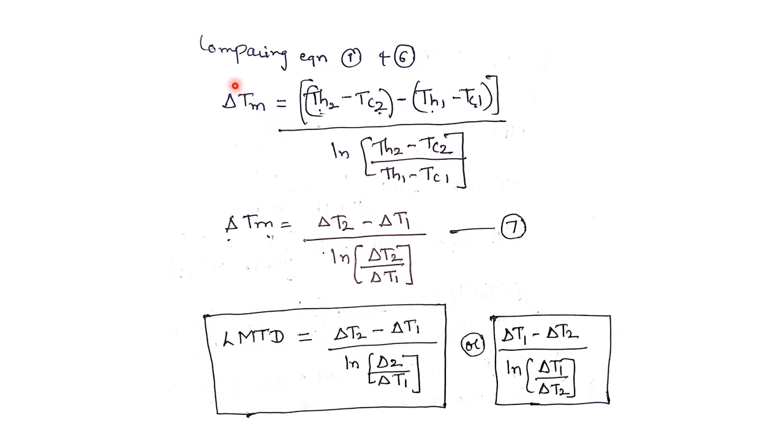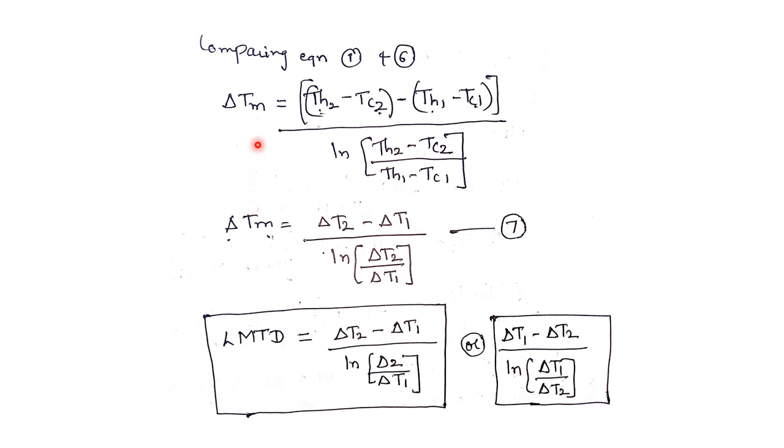So comparing them, I can write delta Tm equals TH2 minus TC2 bracket complete minus TH1 minus TC1, whole divided by log of TH2 minus TC2 divided by TH1 minus TC1.